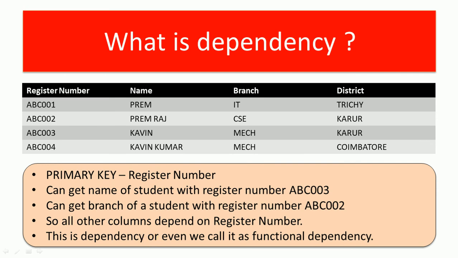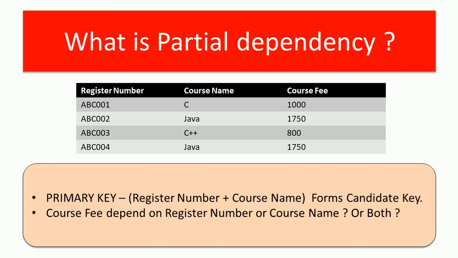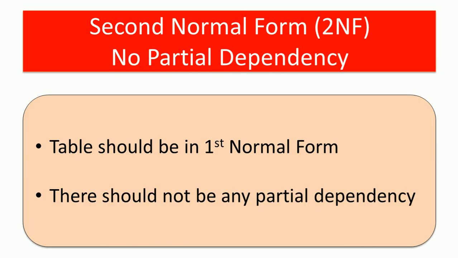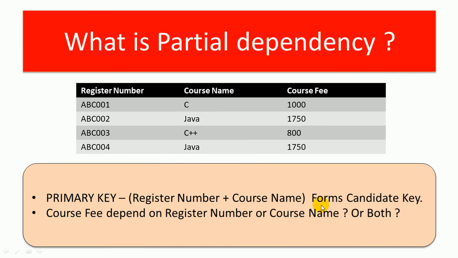And now we will jump on to second normal form. For a table to be called second normal form, we already discussed that there should not be any partial dependency. So I have created a table with partial dependency. Let us take this table as an example. We have three columns: register number, course name and course fee. The primary key is a combination of register number and course name.